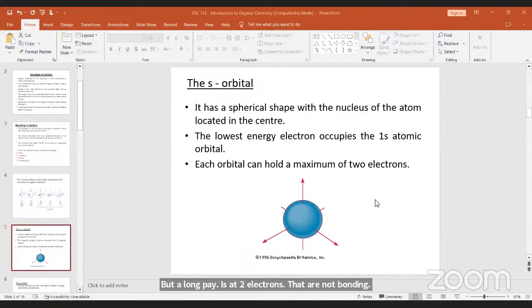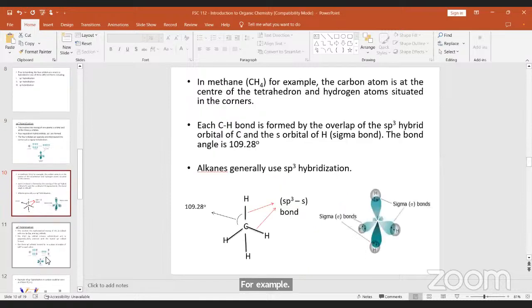So you can have lone pair and bonding pair. Bonding pair are 2 electrons that you use to make a bond. For example, here, these 2 electrons are a bonding pair.